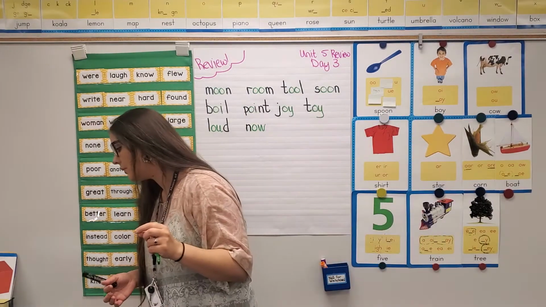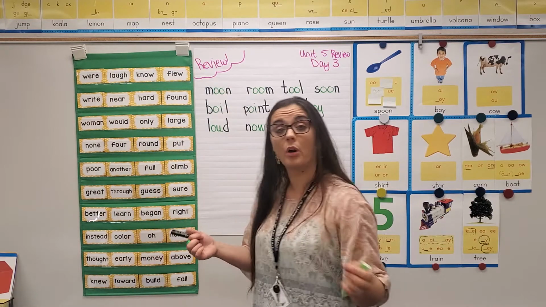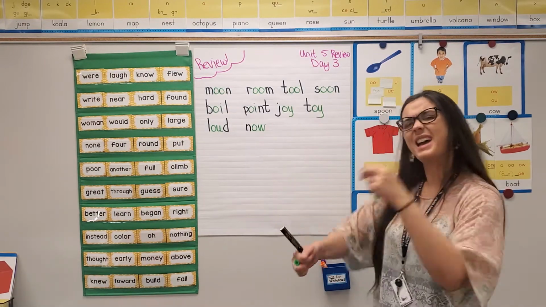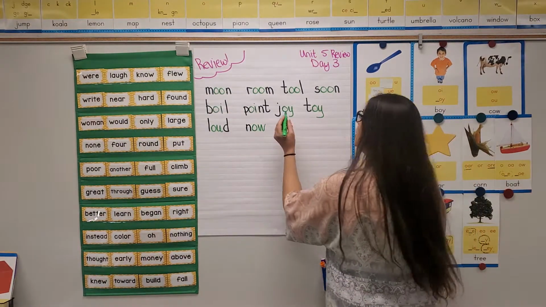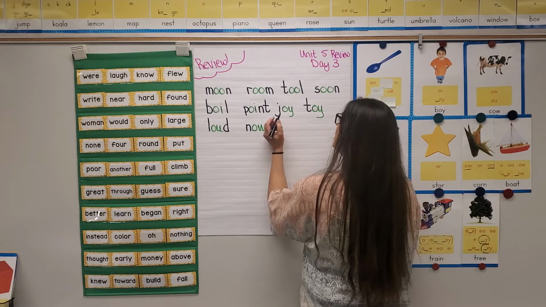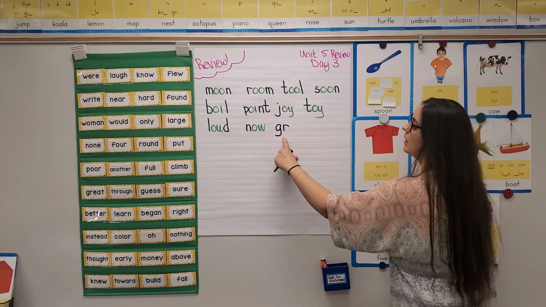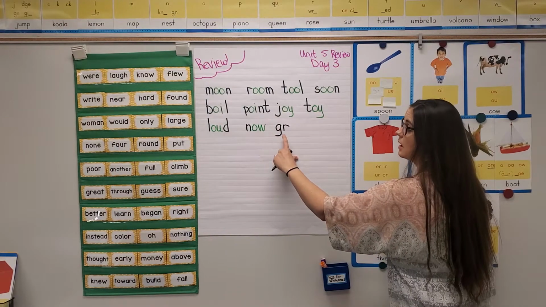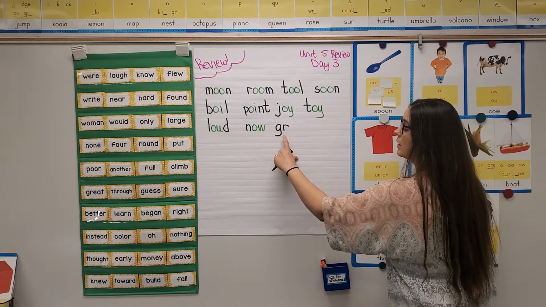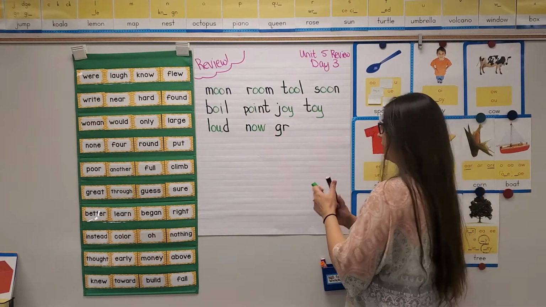Wonderful. Next word. Ground. Your turn. Gur. Ow. Ground. G-R. G-er, because G says g and R says r, gur.